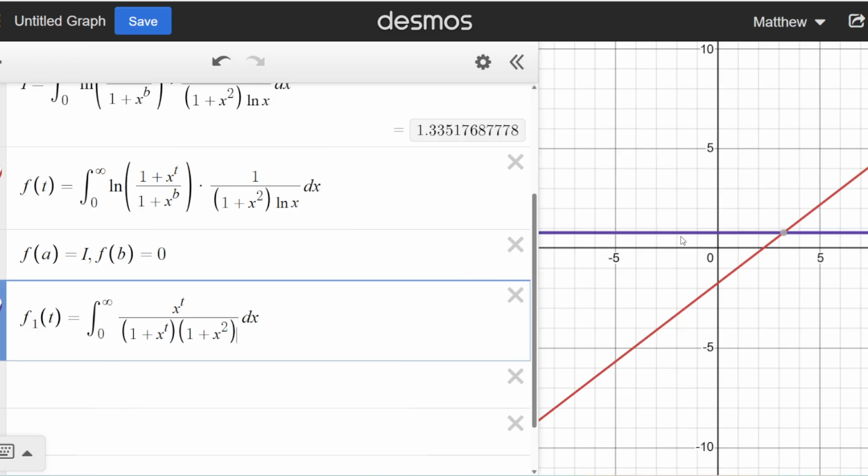And it looks like f prime of t is constant at pi over 4, but we're going to have to show that. We can't just say that f prime of t is equal to pi over 4 right now and say we're done. We have to show that that's equal to pi over 4. All right, so how are we going to solve that?